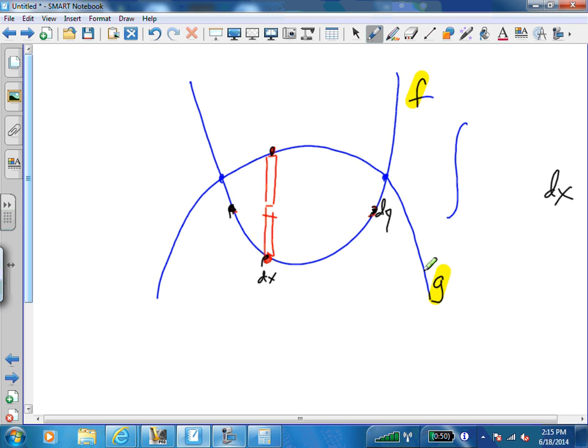If we call this one G, this one F, that's the top one, G minus F. And we would go from this side to this side, so we'll just call that A to B. And if it didn't give us those values, the way we would find them is to find out when those two functions were equal.